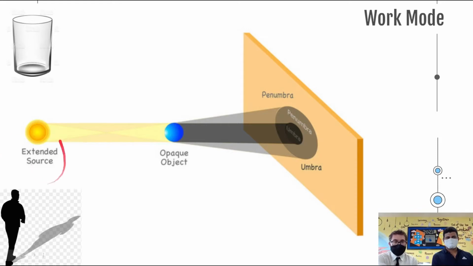You have the source, the sun, the opaque object, which is the earth, and then here the shadow. And you can tell there are two shadows. One is the dark one, which is umbra, which is complete blocking of light. And then you have the penumbra, which is only partially blocking the light.